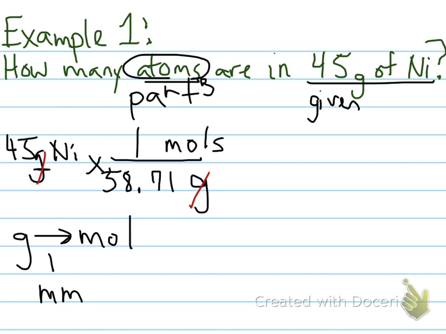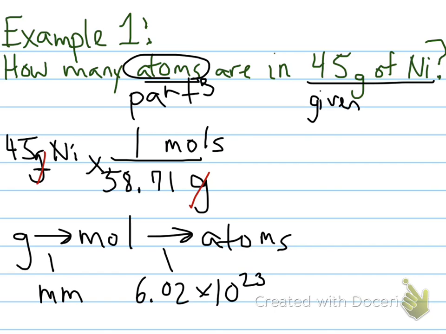But I do not want to end up with moles. I want to convert from moles into atoms. In order to get from moles to atoms, I'm using Avogadro's number, because there are 6.02 times 10 to the 23rd atoms, or particles, in 1 mole. So I draw my multiplication sign in a line, and I want to get rid of moles.